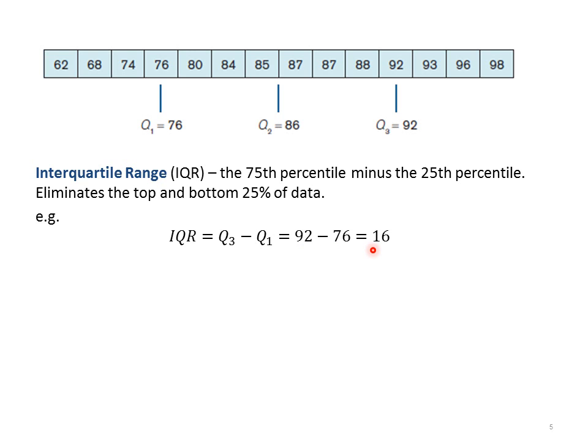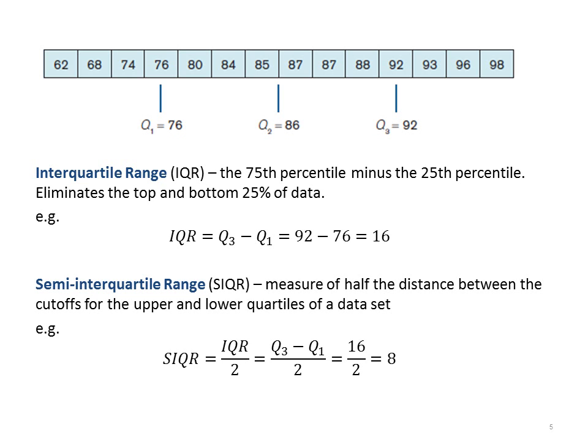So we can see interquartile range eliminates the bottom 25% of the data and the top 25% of the data, because it's the range between the first quartile and the third quartile. Semi-interquartile range measures half the distance between the cutoffs for the first quartile and the third quartile.